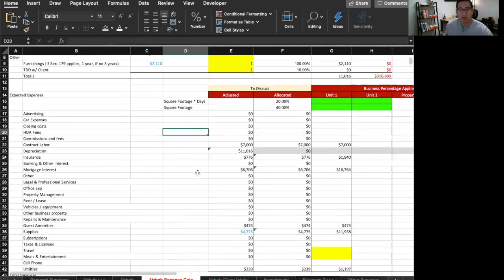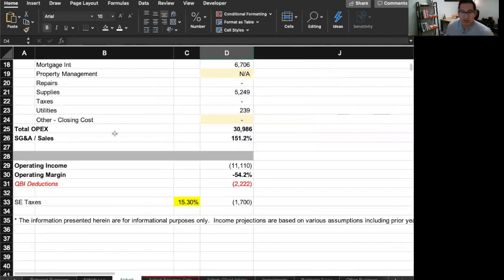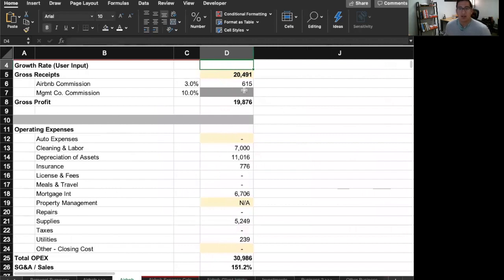So long story short, I'm going to speed this up here. We've got depreciation, and there are some other things here. Feel free to email me if you've got questions about that. But once you have your depreciation and your expenses, you're going to see it flow into a P&L. We've basically constructed it based on Airbnb gross payouts.